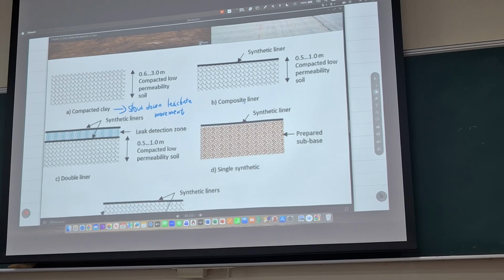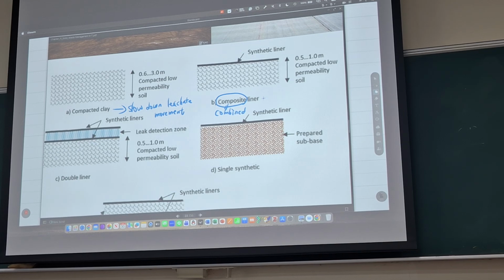Second, you can put composite liner. The composite means combined. So as I say, it's going to contain synthetic liner and a compact low permeability soil.